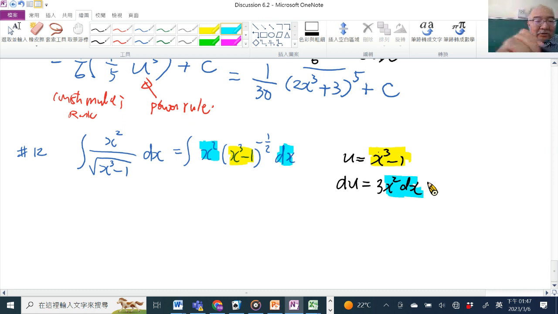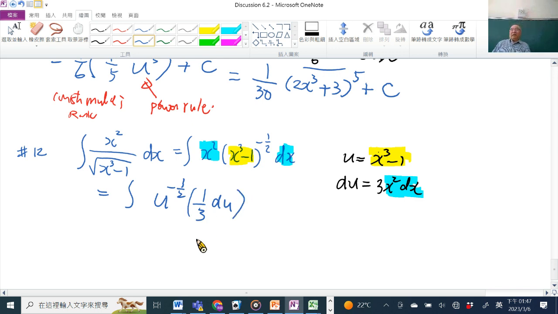Okay, so what do we have? We have now u to the power of negative 1/2 and 1/3 of the du. This is the blue part.